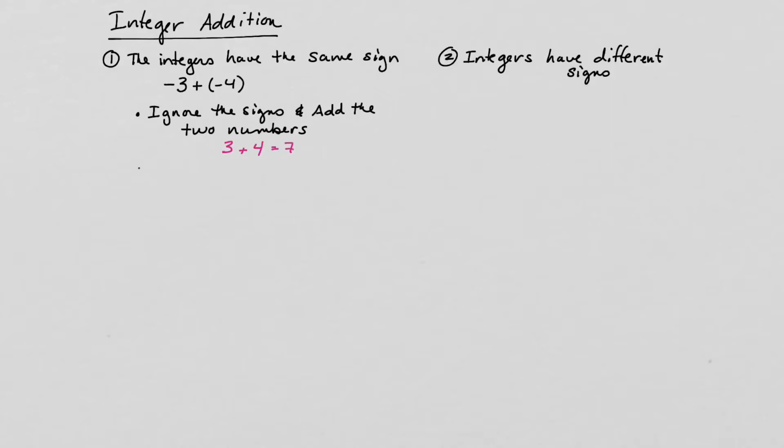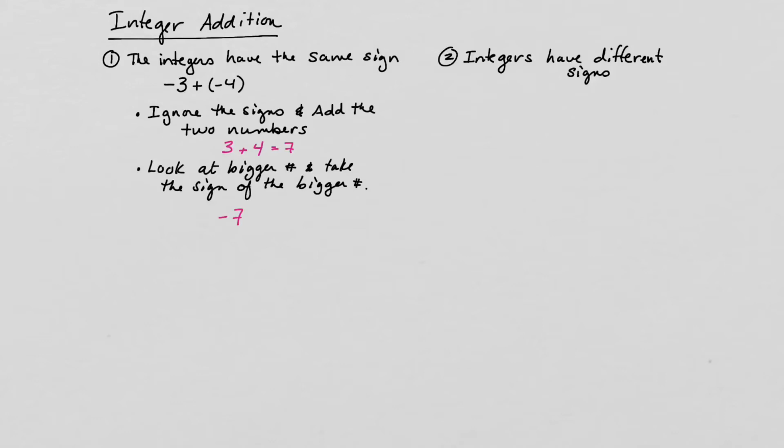And then what we're going to do is look at the bigger number and take the sign of the bigger number. So if I look here, -3 is bigger than -4, right? -3 was negative, so my final answer is going to be -7.